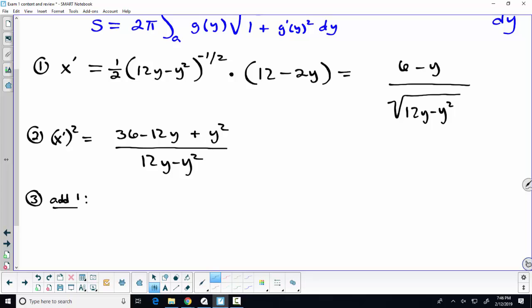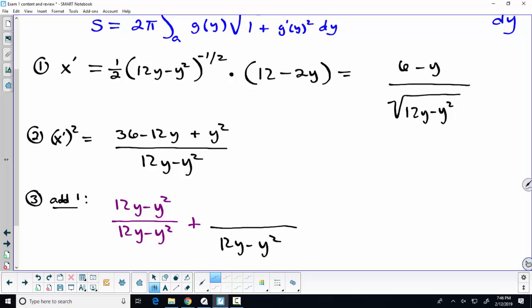We want to add 1 in the form of 12y minus y squared, and simplify it from there.